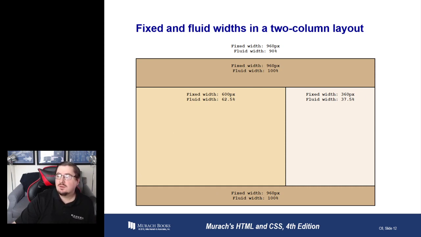Okay. Next, looking at the main area and the sidebar. Well, the main area originally was defined to be 600 pixels, and the sidebar was defined to be 360 pixels. And both of those were relative to the page. The target, what we're basing that on, was a page that's 960 pixels wide.